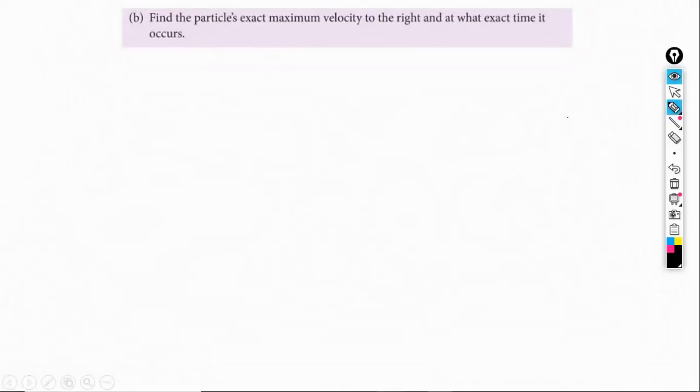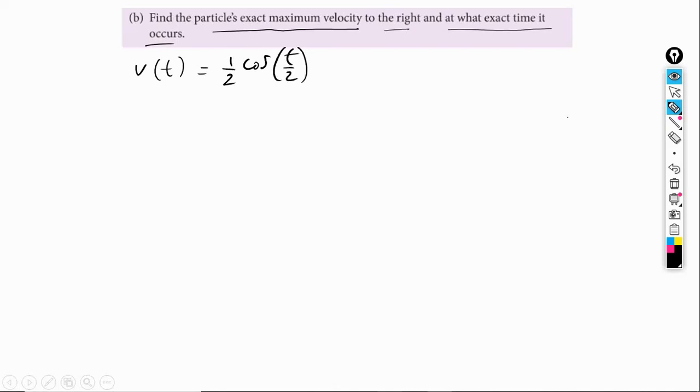Very well, so here we are in part B, where they ask us to find the particle's exact maximum velocity to the right and at what exact time it occurs. Okay, so let's recall that the velocity function is 1/2 cosine of t halves plus 1/2 sine of t halves.